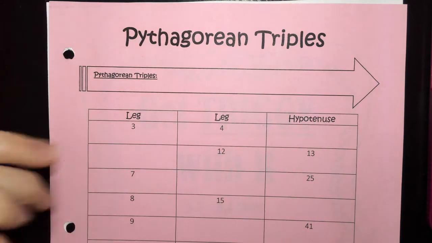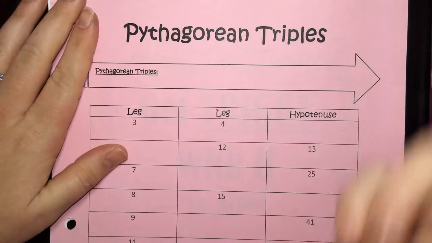So, the first thing I need you to do is write down what Pythagorean triples mean, okay?